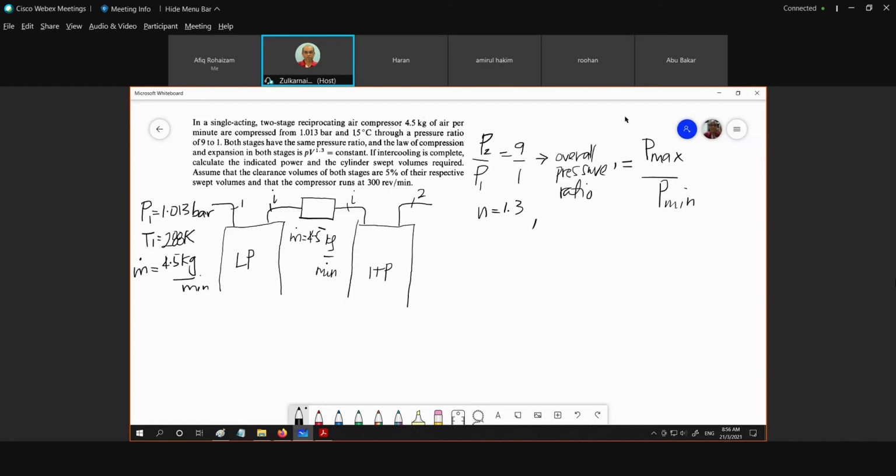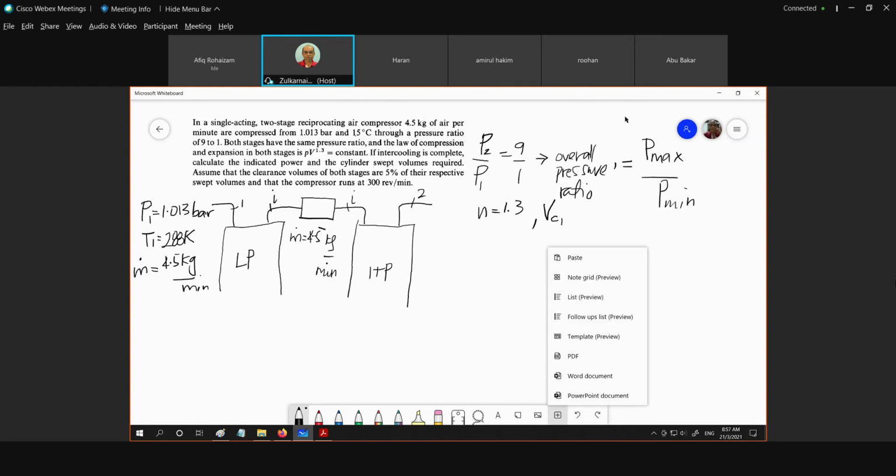And then given right here, the VC for both. So kalau VC stage 1 is equal to the VC for stage 2, ataupun saya boleh gunakan LP ataupun HP lah ya. I think I better use LP dengan HP right now. Kita cuma ada 2 stage saja.